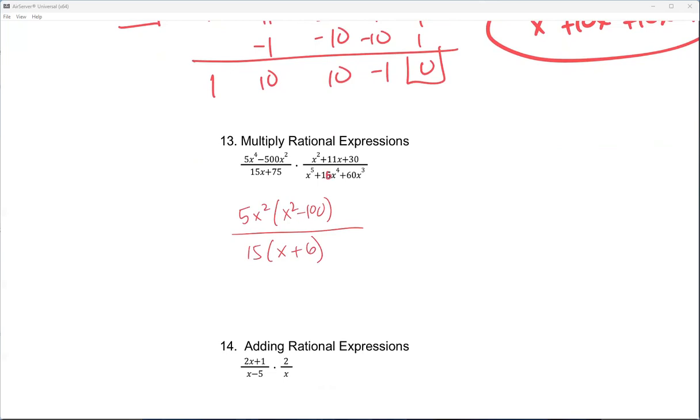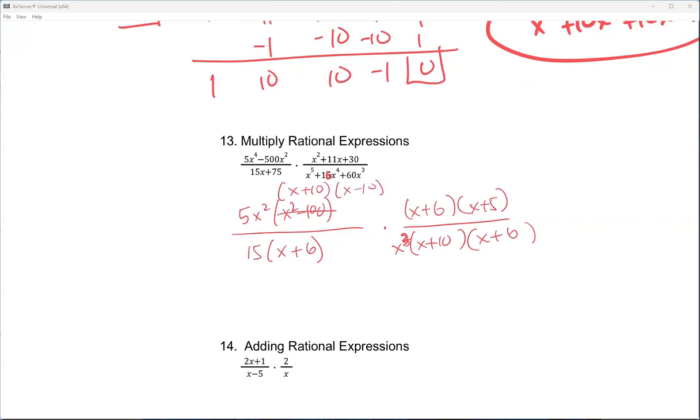And then times x plus 6, x plus 5. And then this is x plus 10, x plus 6. x squared out here. So, x cubed out here. So remember, this turns into x plus 10, x minus 10.